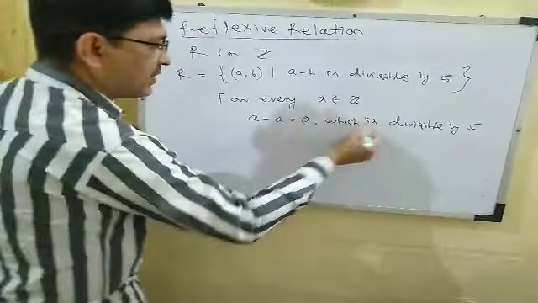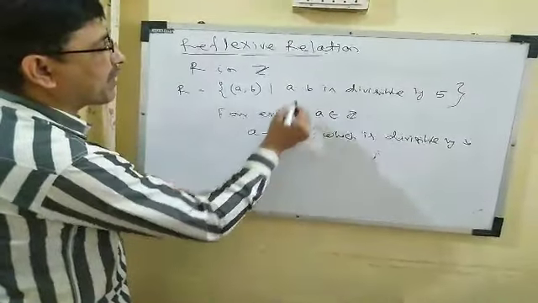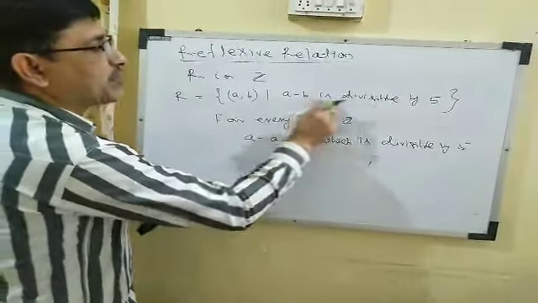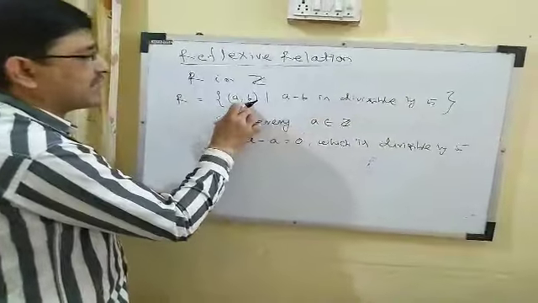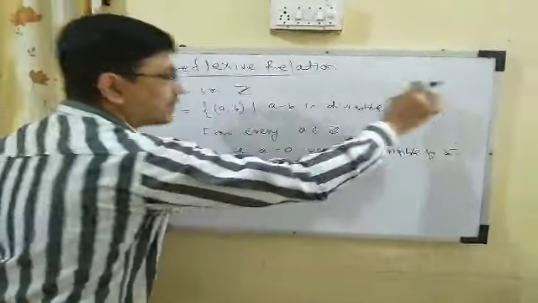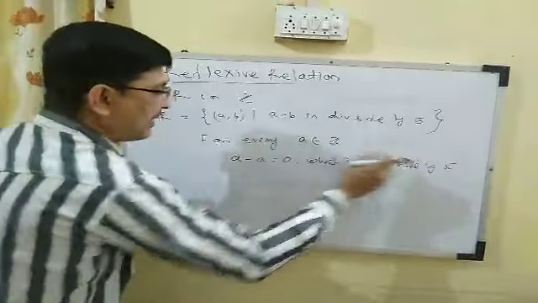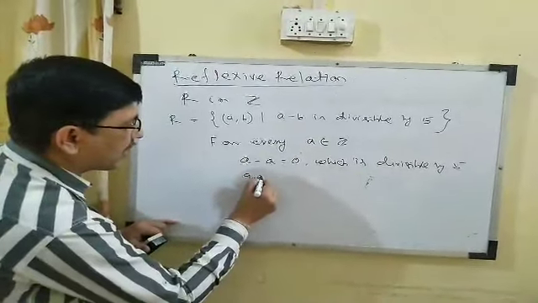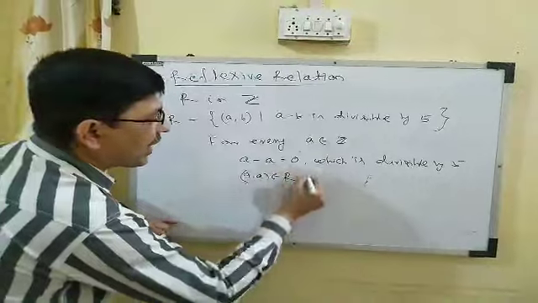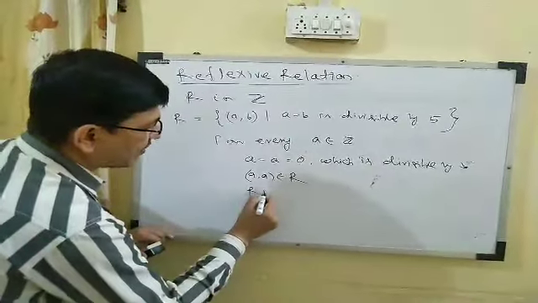Therefore, since this a minus a is divisible by 5, according to this definition, a minus b is divisible by 5, then (a, b) is an element of R. x minus y is divisible by 5, then (x, y) is an element of R. a minus a is divisible by 5, then the ordered pair (a, a) is an element of R, hence R is reflexive.